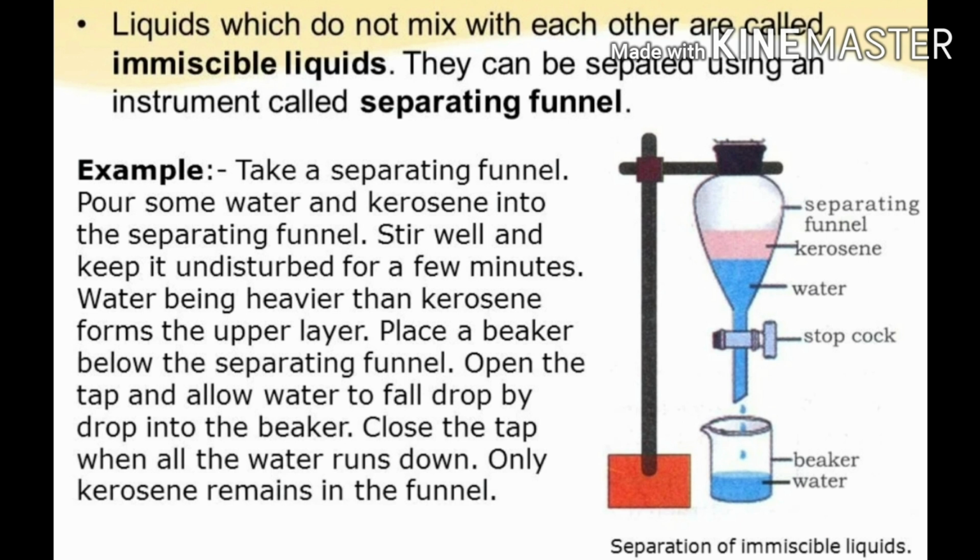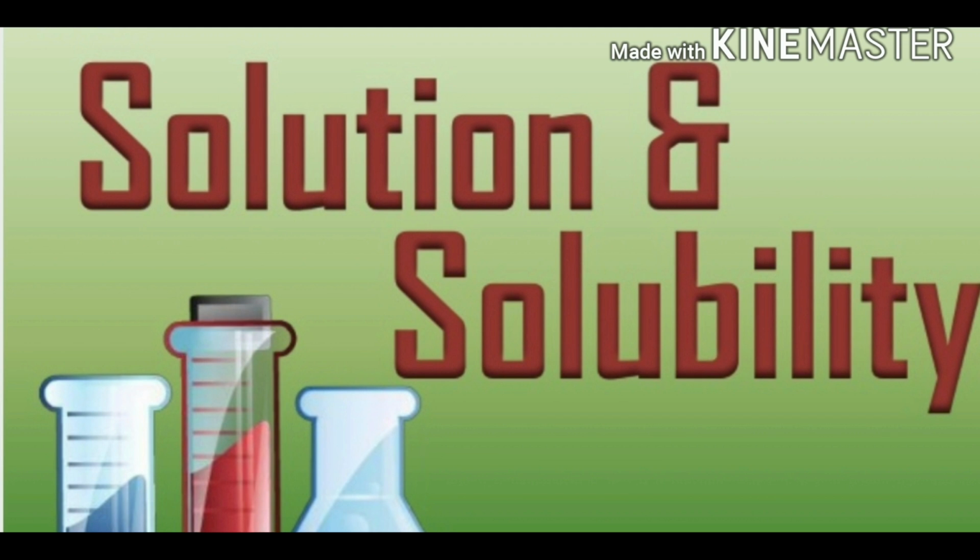The layers will be separated, and the lightest one will be collected at the top and the heaviest one will be at the bottom. So by carefully tilting the beaker, it is possible to pour out the top layer of the immiscible liquid, and by opening the stopper. Now let us understand the term solution.